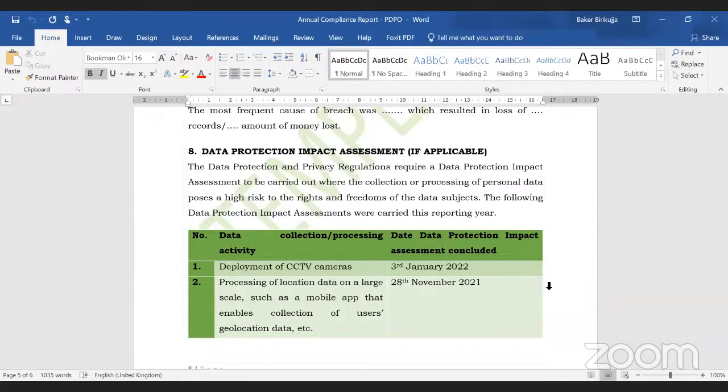Let's say you're launching a new platform application that will enable possibly your data subjects, customers, employees to reach out to you, maybe get a service, or you're deploying CCTV cameras within the premises, or maybe you'll be processing information of the data subjects, the individuals, on a large scale. Now, this impact assessment should speak to one, where there are risks that may actually result from such a deployment or the planned processing or collection of personal data.